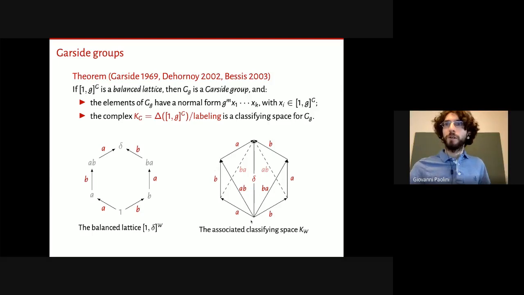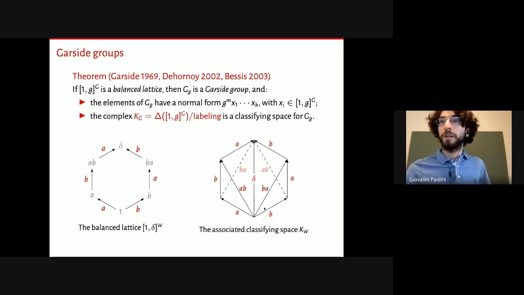For example, this triangle on the bottom left has edges A, B, and AB. And a triangle with the same labels appears also here. Here you can see A, B, and AB. So these two triangles are going to be glued together in the quotient.